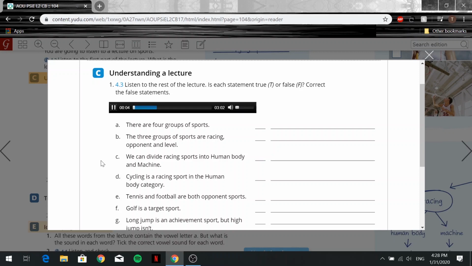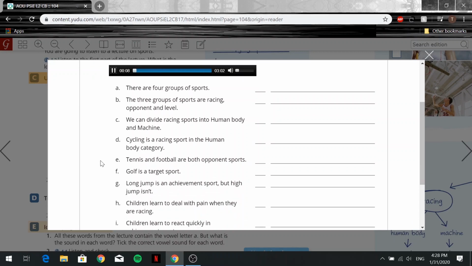Okay, so first, classification. There are 3 groups of sports. The first group consists of racing sports. Racing, of course, means trying to go faster than another person. The second group is opponent sports. An opponent is someone you play against. Finally, there are achievement sports. Achievement means reaching a certain level, a good level.